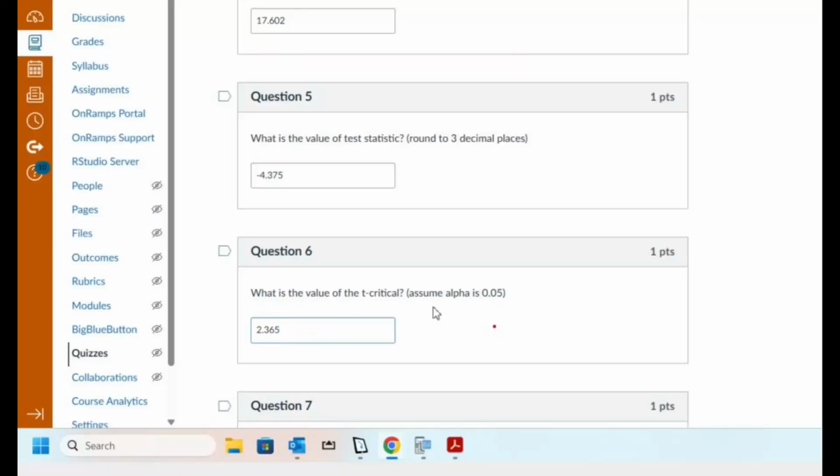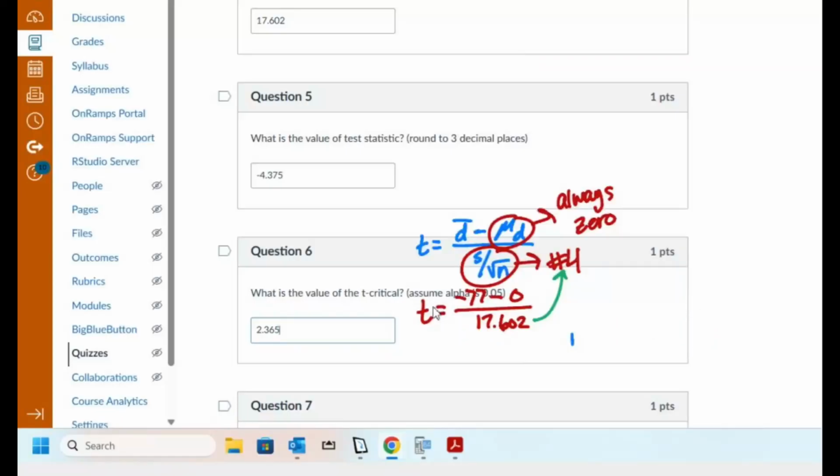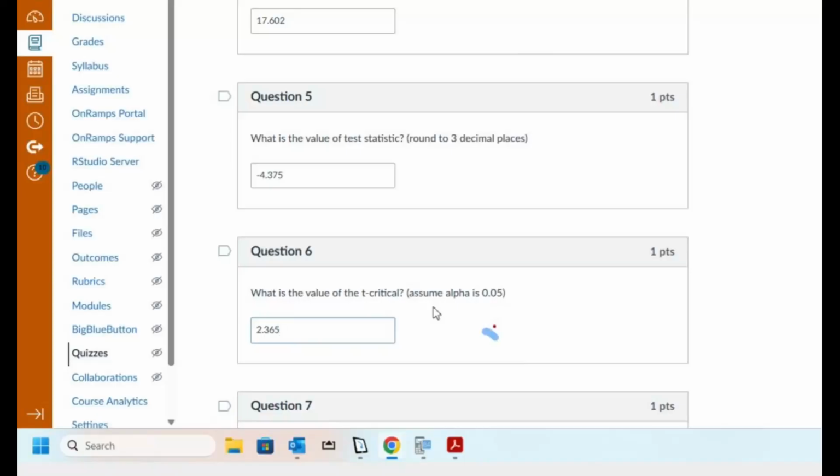Because again, we found that by doing degrees of freedom is 7, and then we're 95% confident.